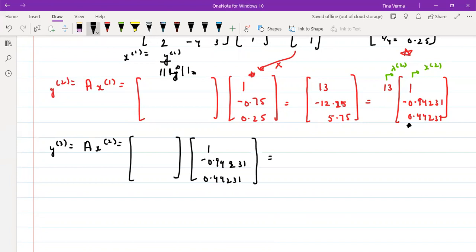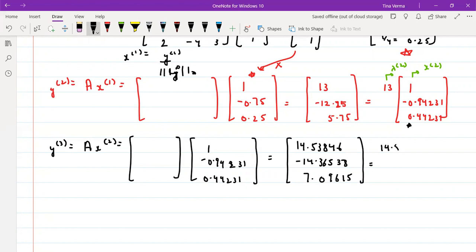When you multiply, it results in [14.53846, -14.36538, 7.09615]. Next, take the maximum element, 14.53846, common. When you divide, the result is [1, -0.9881, 0.4881].